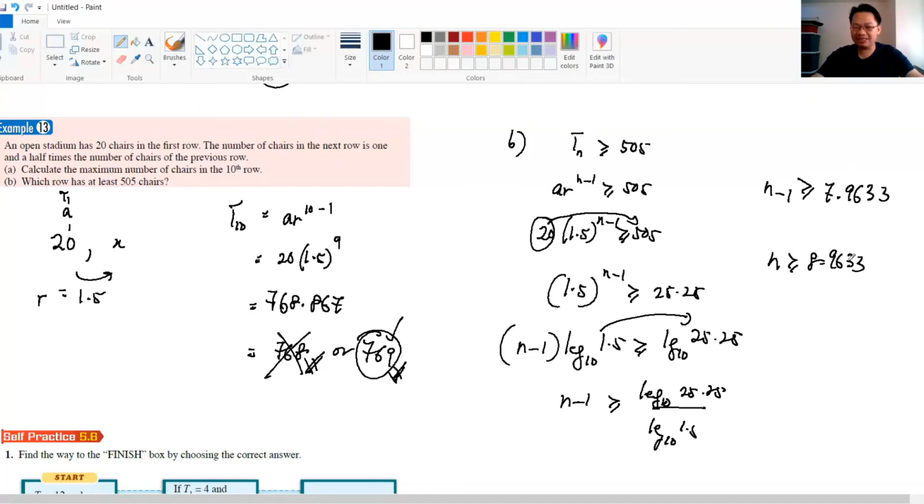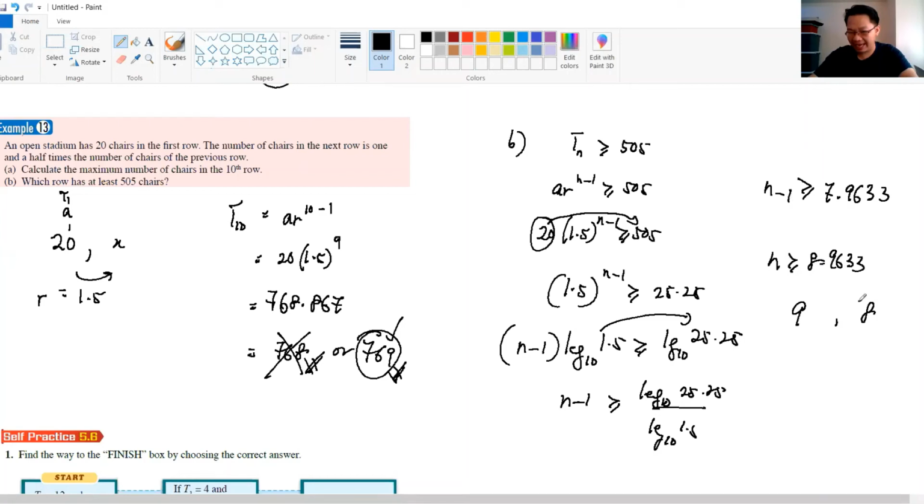So which row at least has 505 chairs? For this example, we want to find which term, which row. When we look at this value, the sign is more than, so it can be 9. Some people will round it off to become 8. But actually, which one has the 505 chairs?